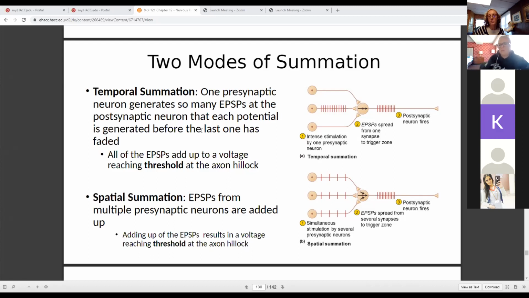So temporal is one presynaptic neuron initiating multiple postsynaptic potentials. Spatial summation is multiple presynaptic neurons initiating postsynaptic potentials.